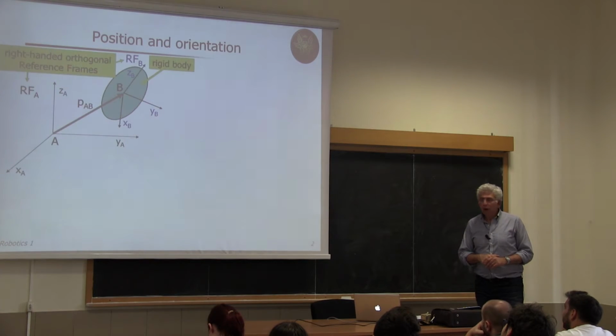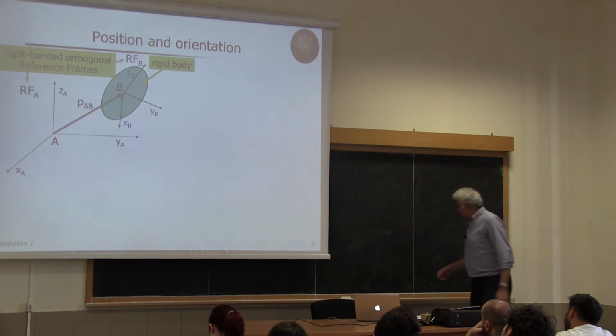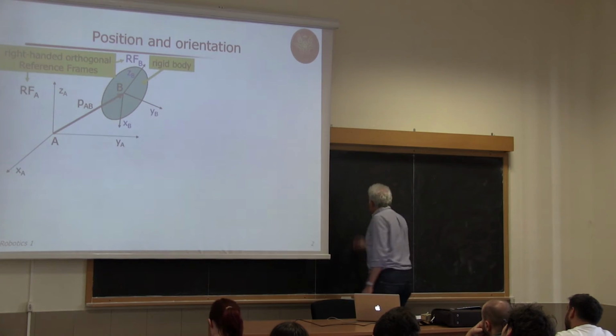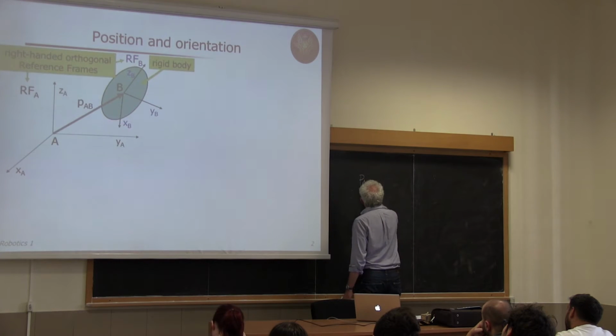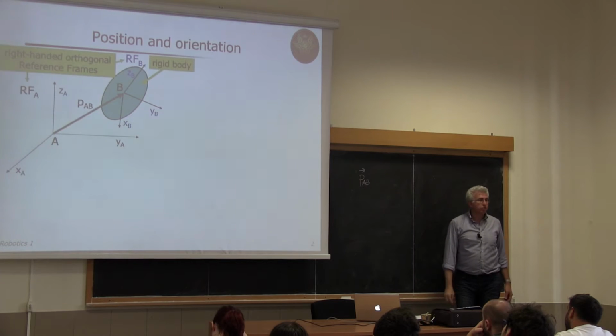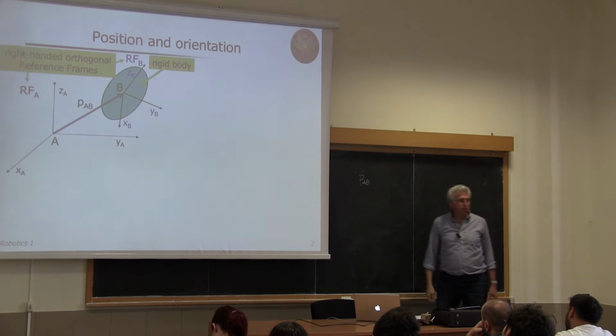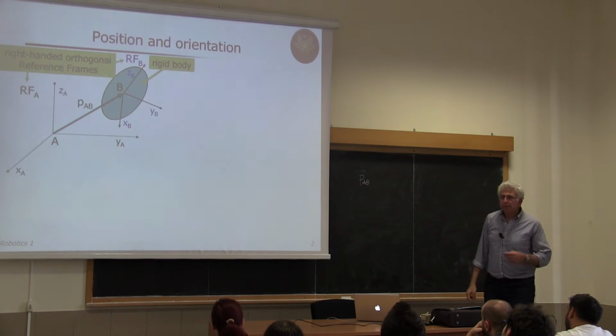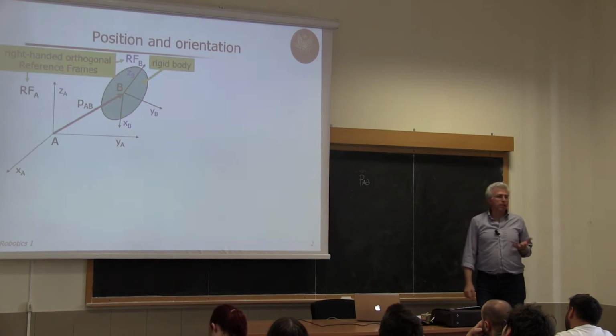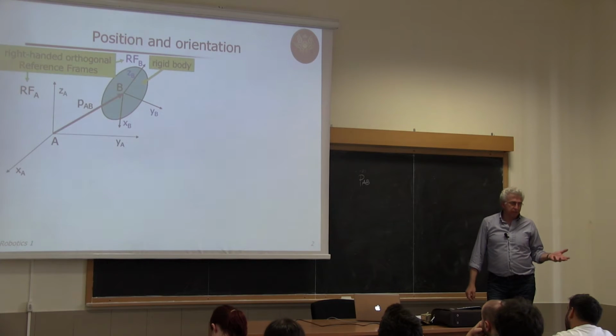Now, the vector P is an object, so sometimes you may be used to look at it with an arrow on top, but we don't use this notation. But this is a vector. And as a vector, it can be represented in several ways, several coordinates.